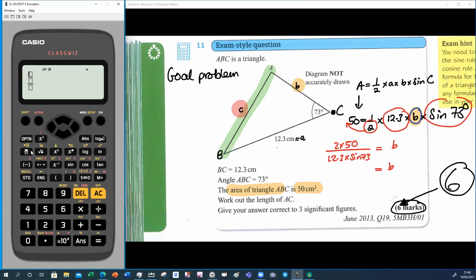So it's going to be 2 times 50, replay, 12.3 times the sine of 73, close the bracket, equals. That will give us 8.37.